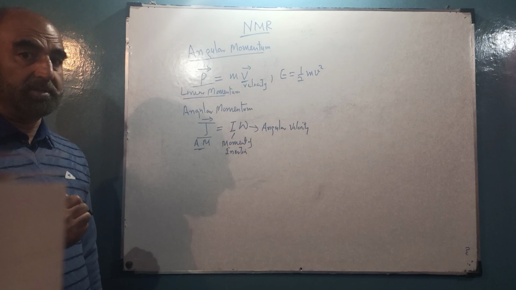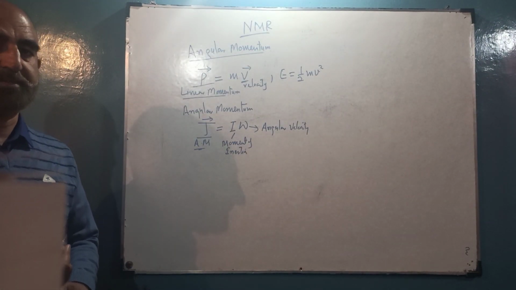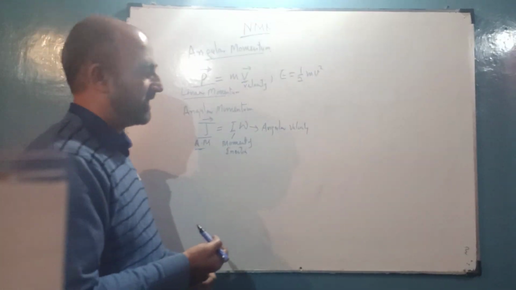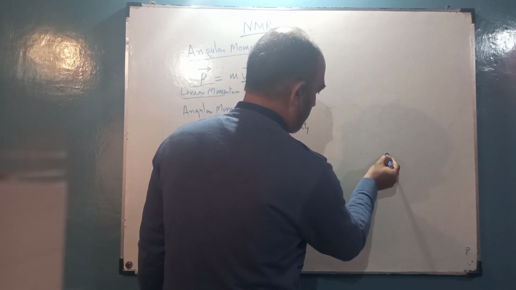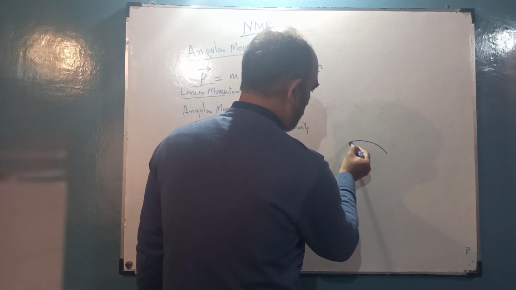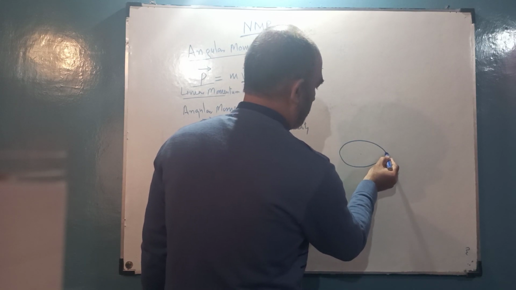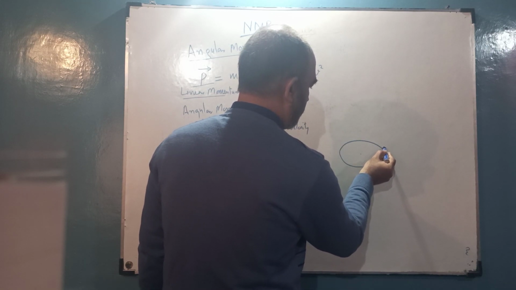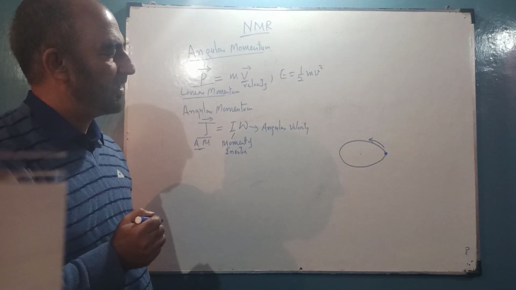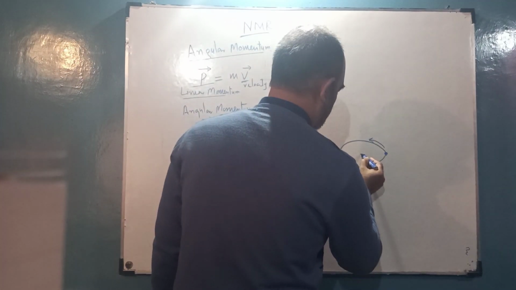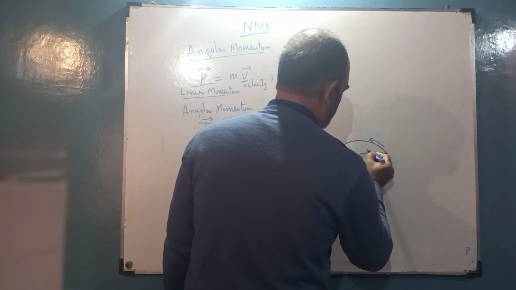Now if we also talk about a circular motion in a plane, that means planar circular motion, I can show it like this. Say this is the center, and this is an object undergoing a circular motion about this center, and this is the position vector r.